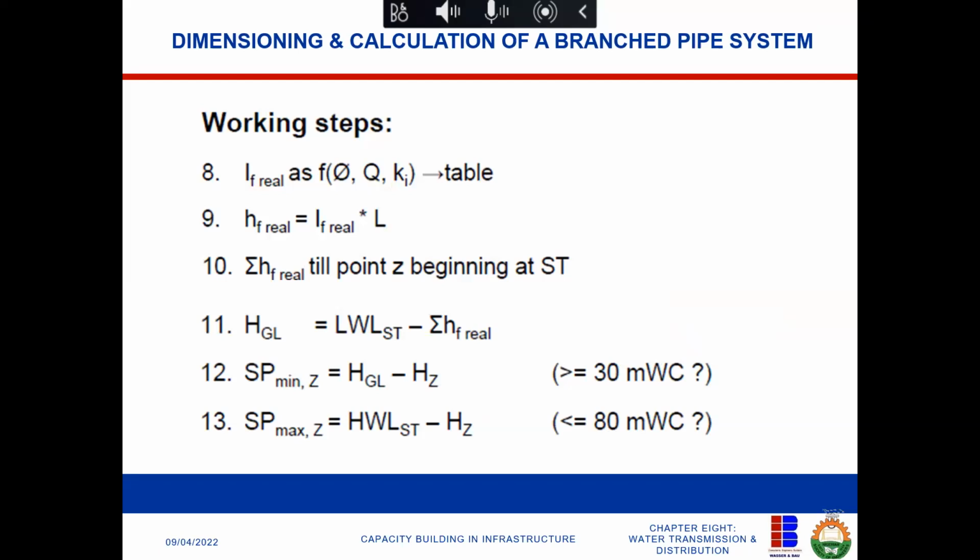Okay. So number 8 is you get your Q. Then all these other ones are not necessary. This one, the service pressure is 30, and the maximum service pressure is 80, so 3 bars or 8 bars. So pressure will be between this and this.